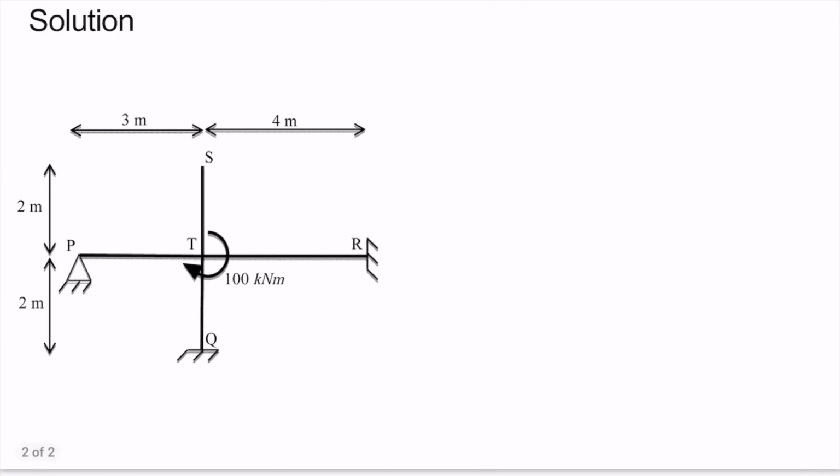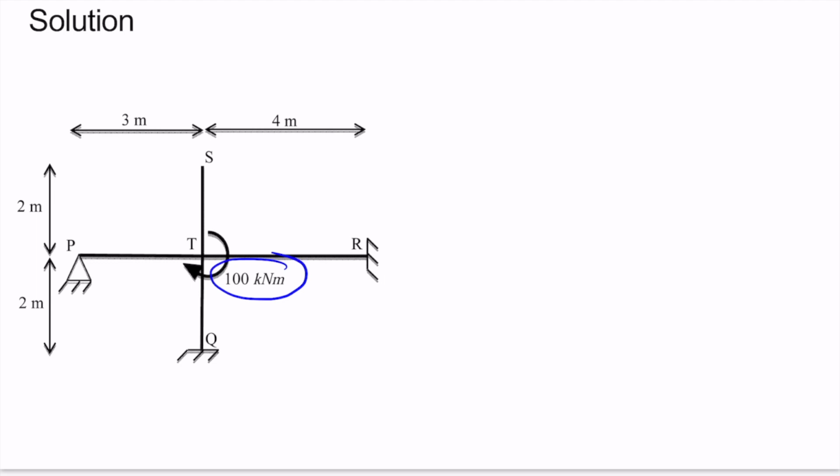So here we have this 100 kilonewton meter moment which is applied at joint T. So this moment will be distributed to the members PT, TR and TQ according to the distribution factors. There will be no moment shared by this member ST because it is unsupported. So let us first calculate the distribution factor for different members.